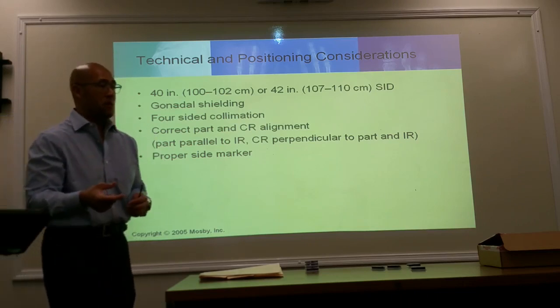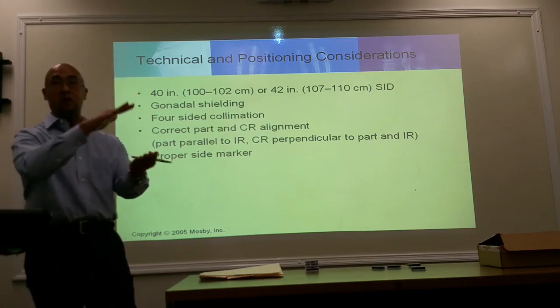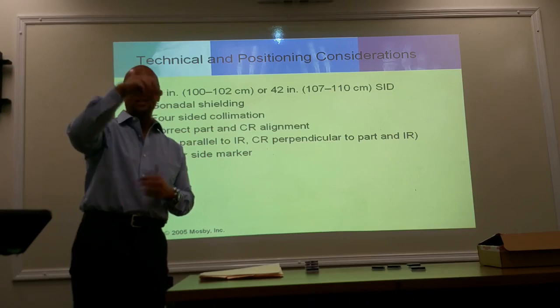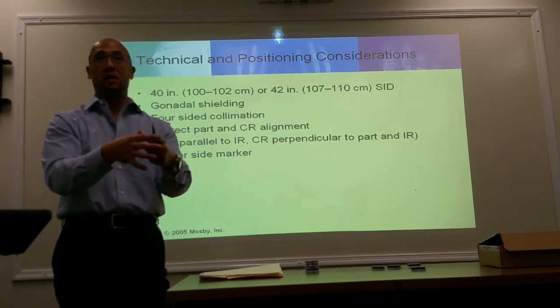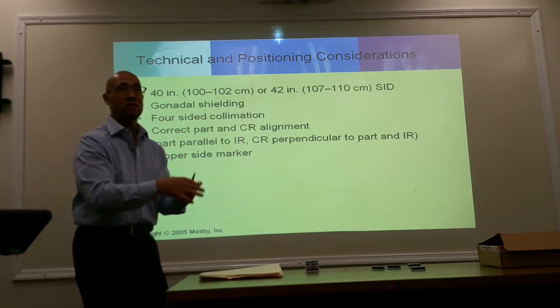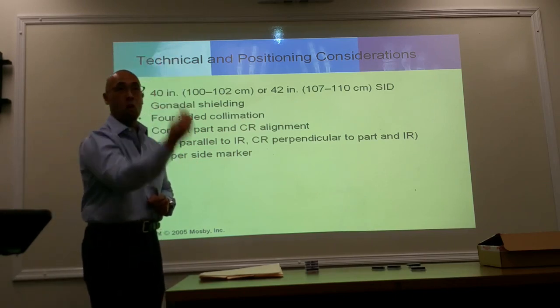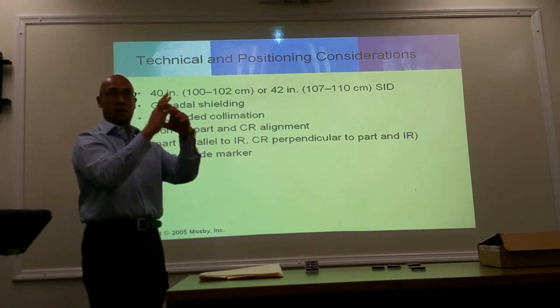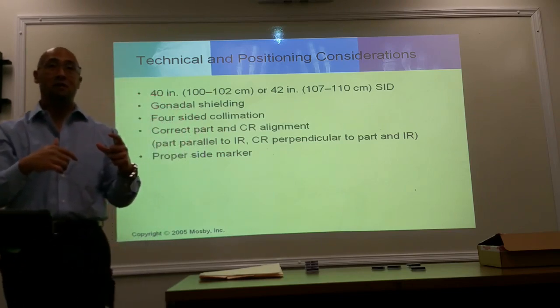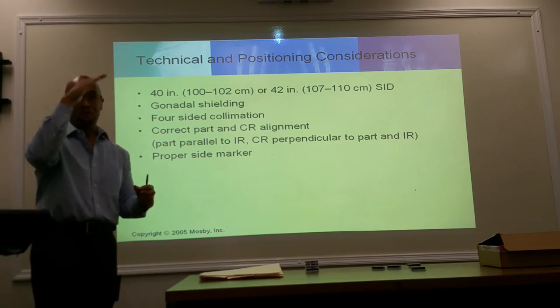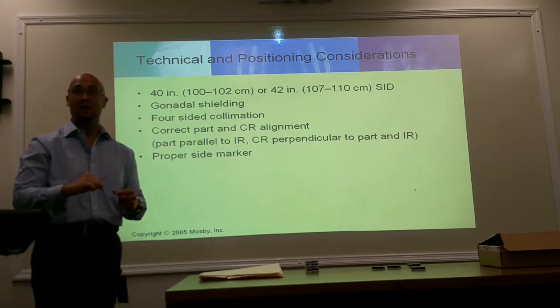So if your markers were flat, the BBs will fall right in the center of the container of those BBs. If you did an upright position, you will see that the BBs will be lower in that circular area that contains them, so you would know if that was upright. It also helps if you're doing decubitus films just based on where those BBs are located.